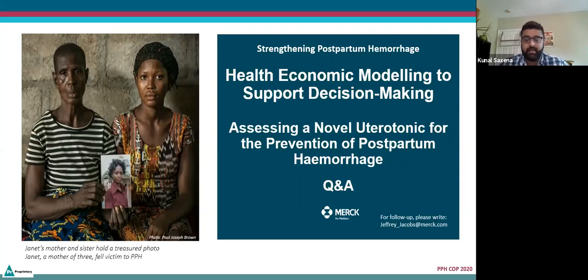Sure. So good question, Pete. We went back and forth on how best to handle this. In the end, the way we did it was we looked at behaviors. The model uses literature that suggests, based on observational data as well as anecdotal data, that many providers are compensating for what they believe is poor quality in their hands by adding additional doses.